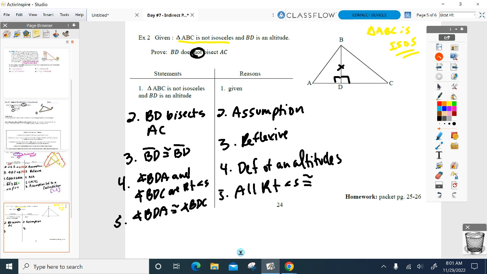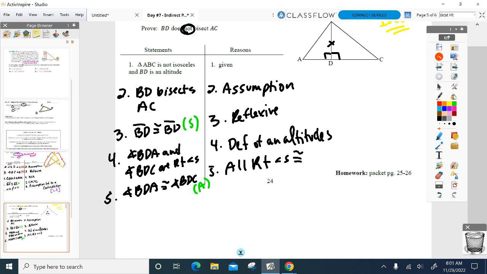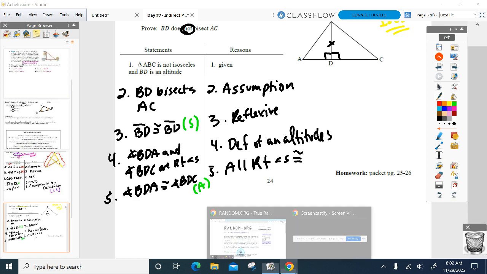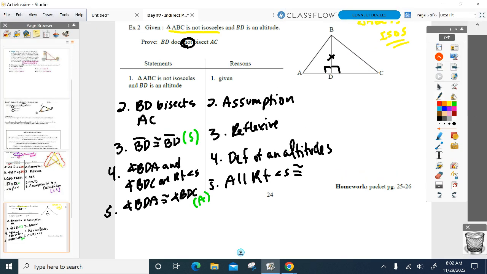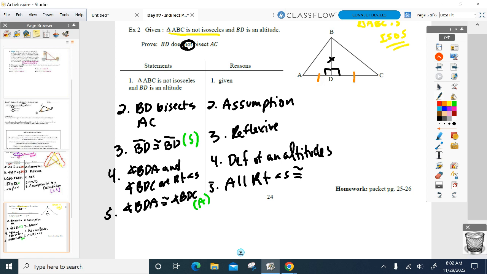All right, so I got a pair of sides. Kara just gave us a pair of angles. I'm looking for one more pair to say the triangles are congruent. And remember, your assumption acts like a given. You're assuming this is true, so use it. If BD bisects AC, that tells me 4. AD, DC congruent.